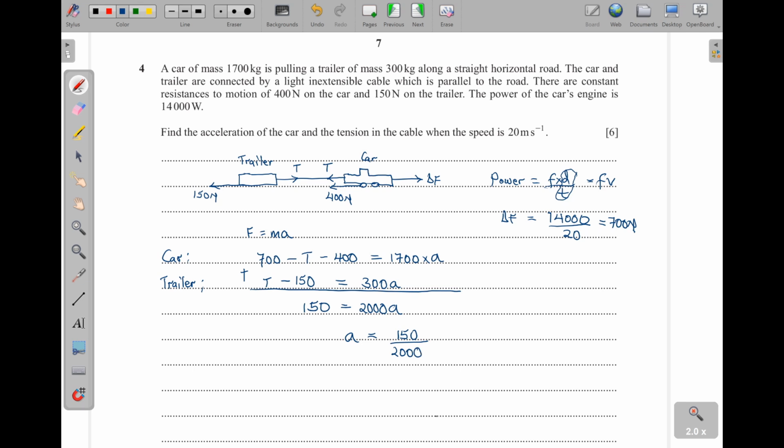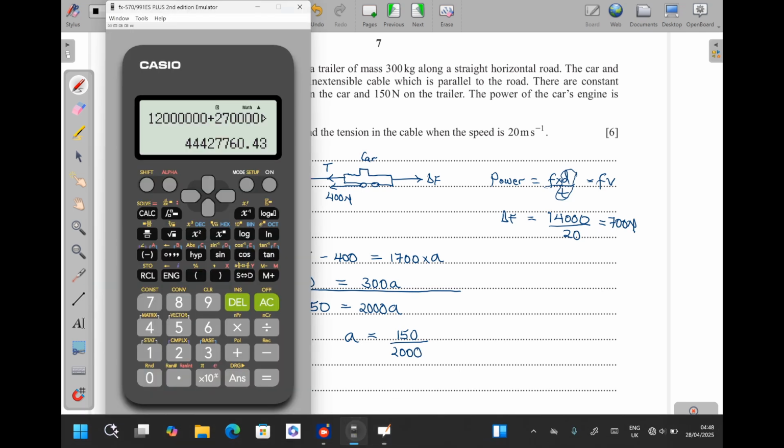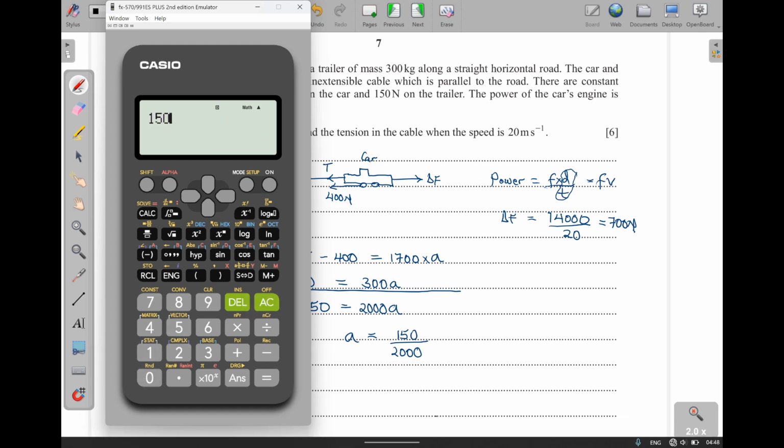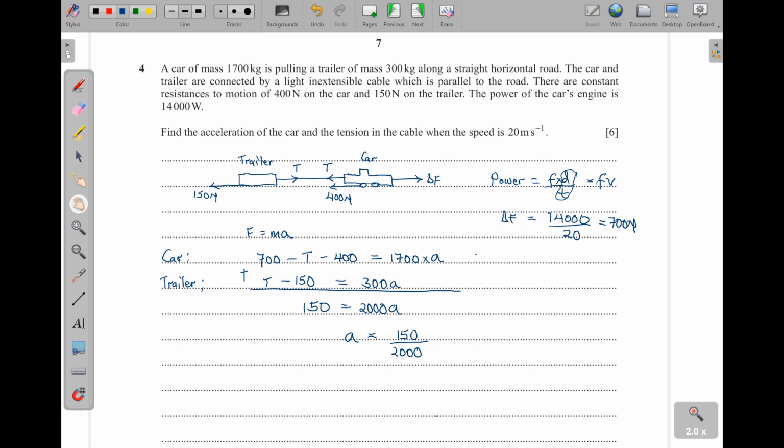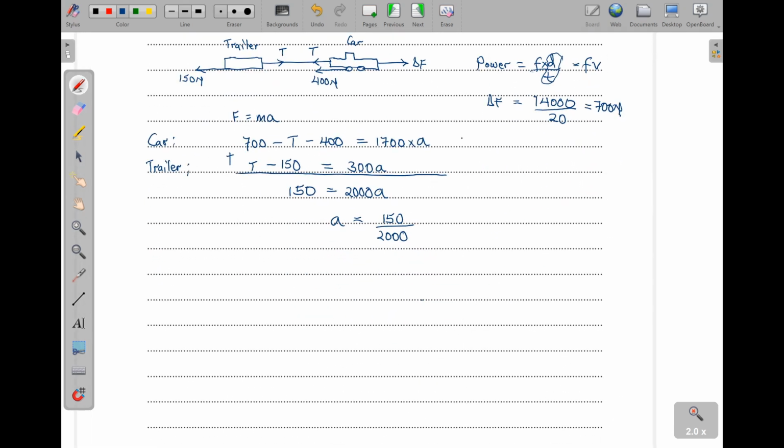And that one simplified, 150 out of 2000 will give us 3 out of 40, or 0.75. So 3 out of 40 meters per second squared.